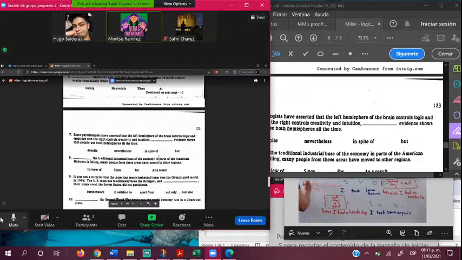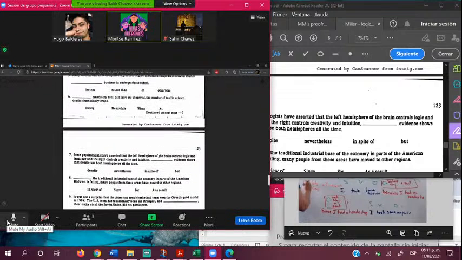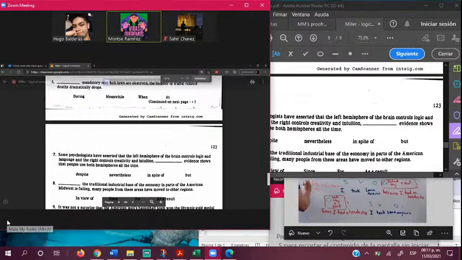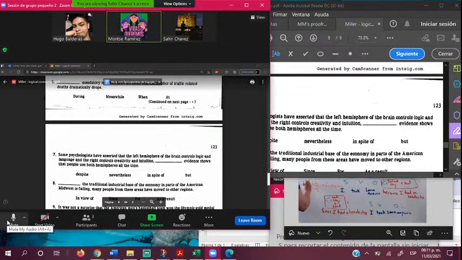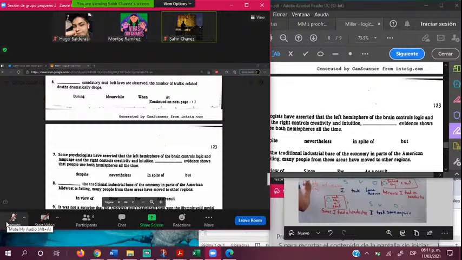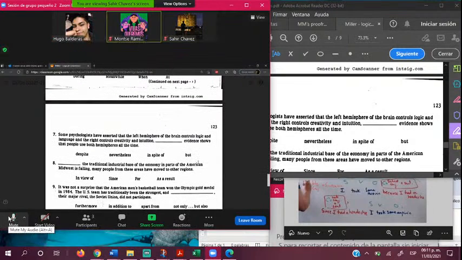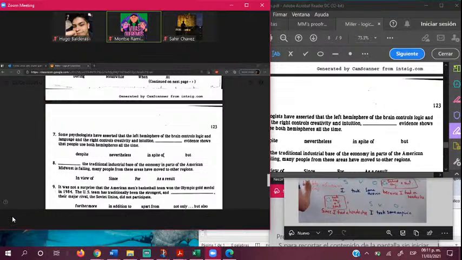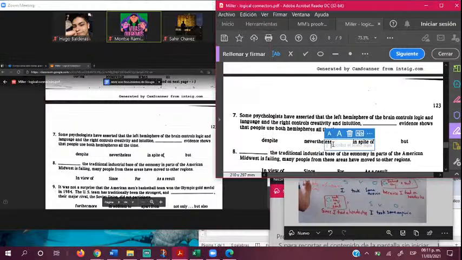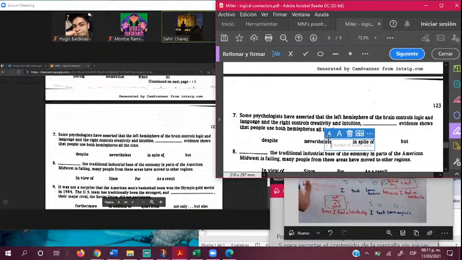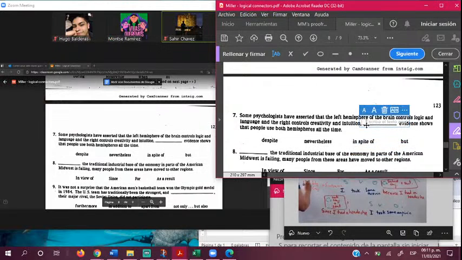Because it's in the middle of two sentences. And also we have a comma. Yes, and we have a comma. So the only spot, no? Yes. Okay, next one.